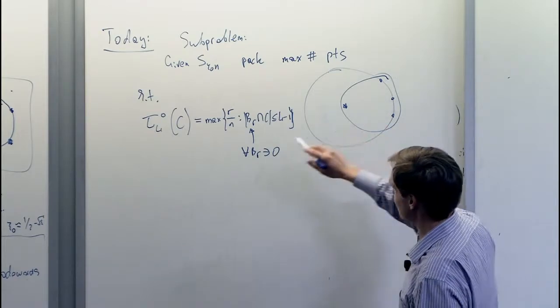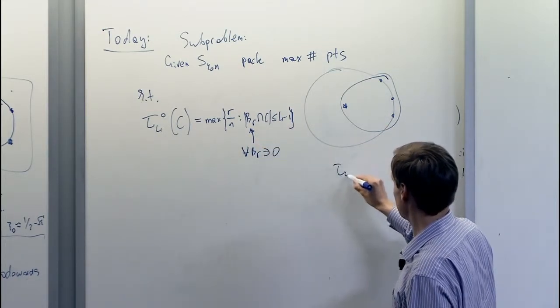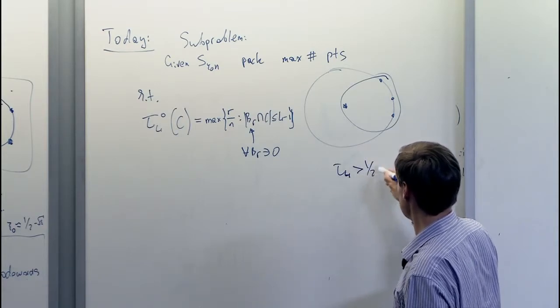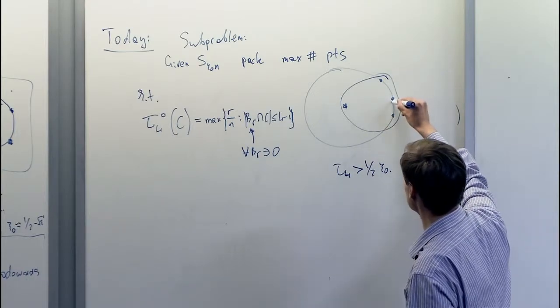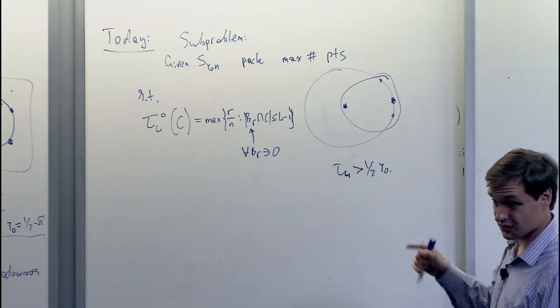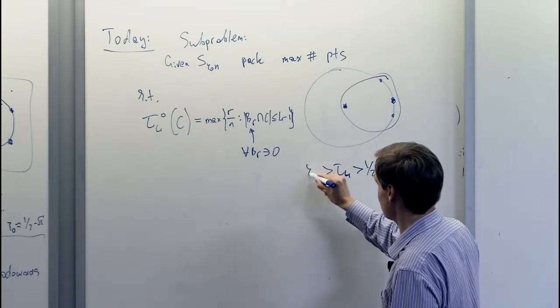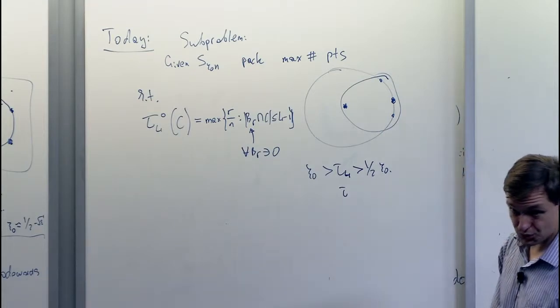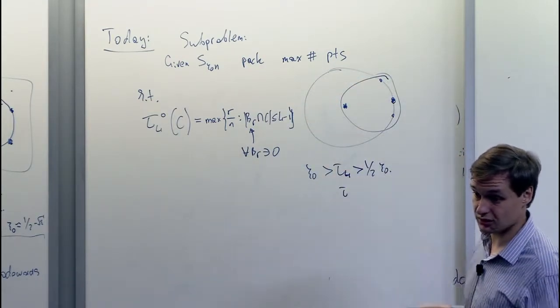Okay, so it's obvious that this tau L is always greater than 1/2 psi 0, right? Just because if you want to include any point here and 0, your radius has to be half of this. On the other hand, it's obvious that this tau L is smaller than psi 0, because if you just put the center of the ball here, you include everything.